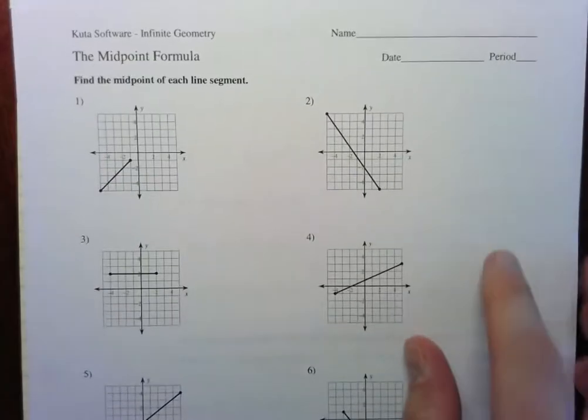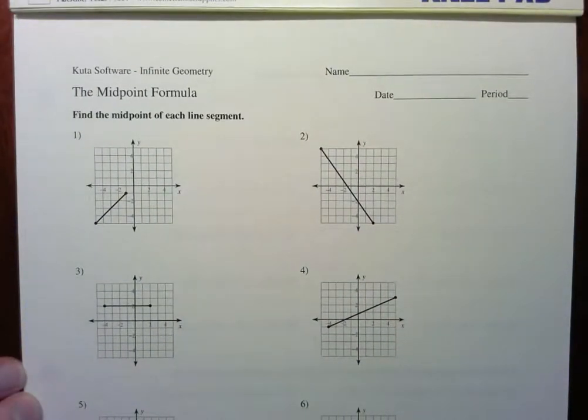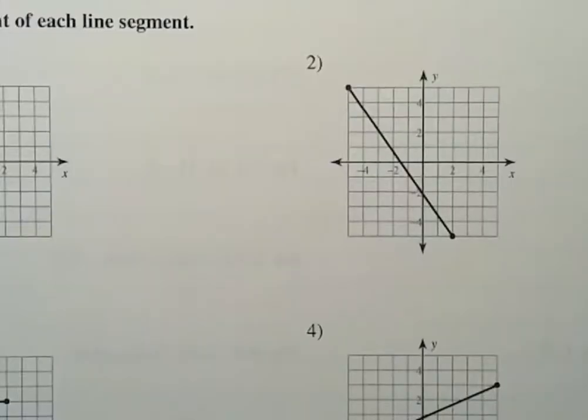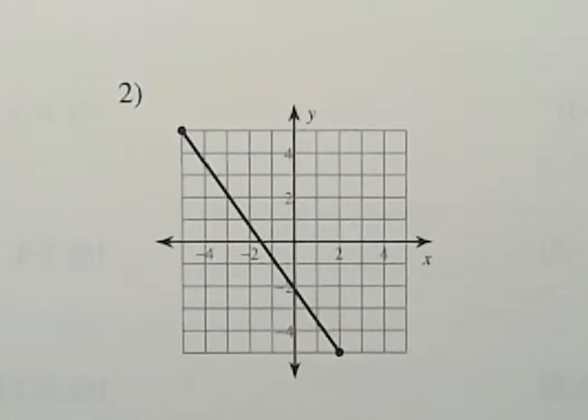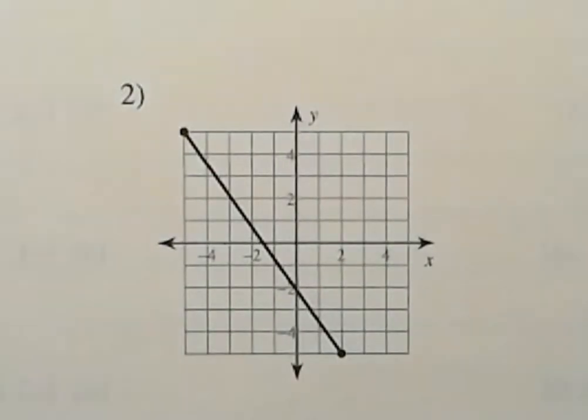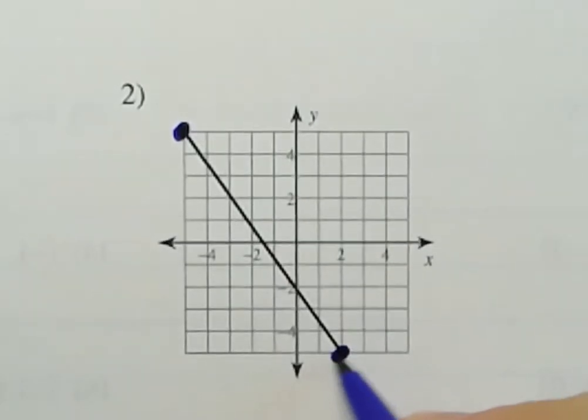So let's look at some examples. And I'm going to zoom in. Okay, so let's look at this example right here. So we have a point here, and we have a point here.